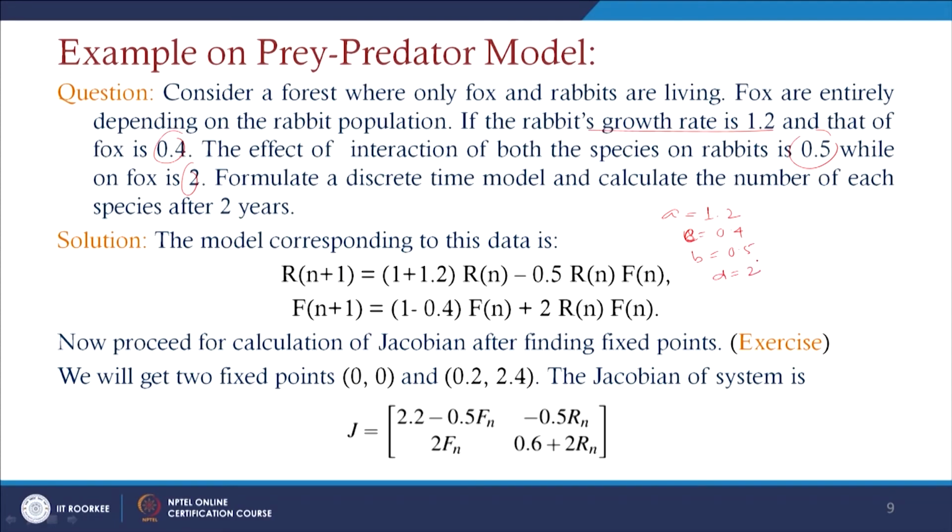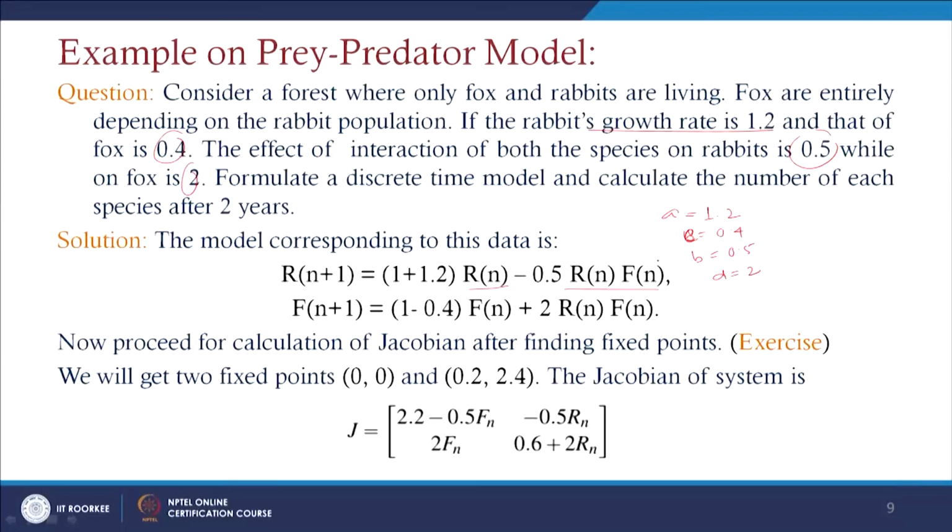So we can write the model as R_{n+1} equals 1 plus 1.2, that is 1 plus A, into the rabbit population, minus 0.5 R_n F_n, since this will decline due to the fox population. Each individual species is affected by the individuals of the other species, which is why it is written in a product form.